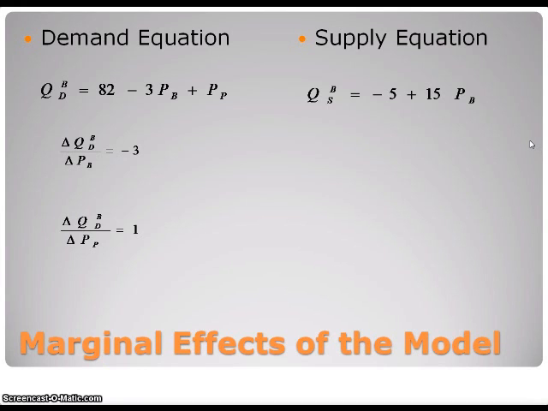If we turn our attention to the supply equation, we have one marginal effect, given that we only have one independent variable in the equation. It is the slope, and it specifies that the change in the quantity supplied of beef with respect to the price of beef is simply equal to 15. Again, the 15 is the coefficient attached to the independent variable, the price of beef.